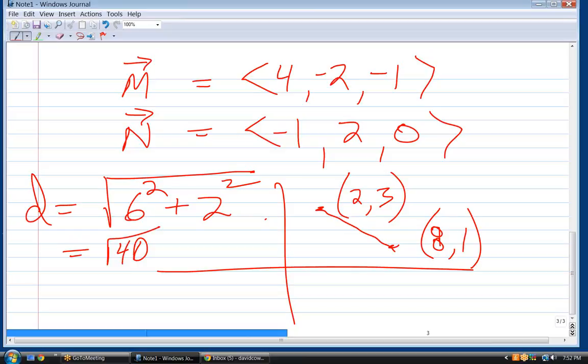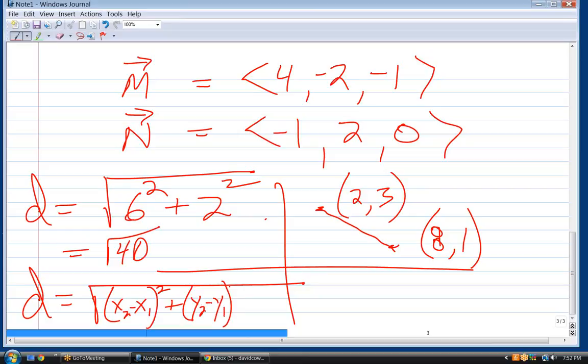I think so, yeah. Okay. Well, when you go to 3 dimensions, it doesn't really change anything. It's the difference in the x components squared plus the difference in the y components squared plus the difference in the z components squared. So what does that give us? What's the difference in the x components squared?